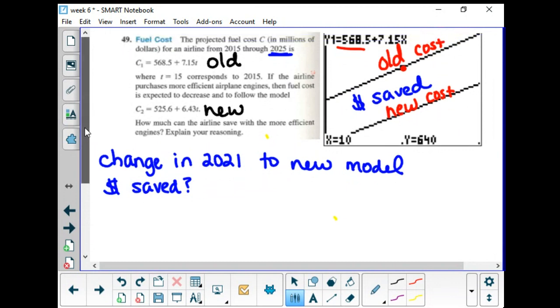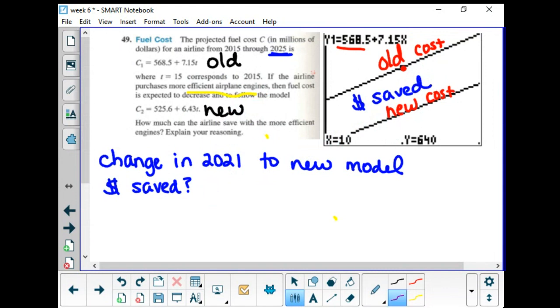And so we might answer this question because we might say, is it worth it? What are we going to have to spend to make the change? What do we have to do to get the more efficient engines? And when we're getting the more efficient engines and reducing fuel costs, is that money saved enough to offset what we had to spend?